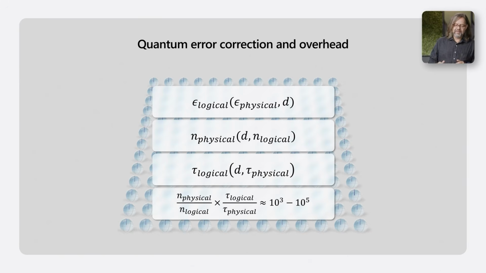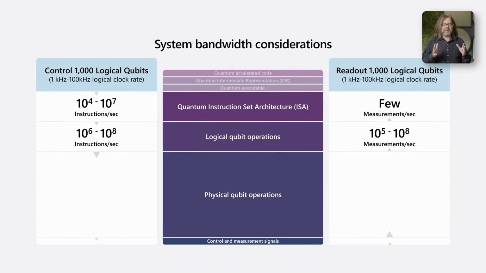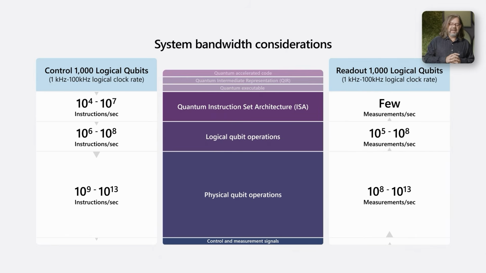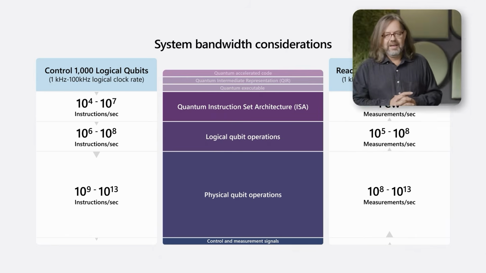With that, the number of control instructions we have is between 10^9 and 10^13. The number of measurements that I get back is between 10^8 and 10^13. That means I have between 1 billion and more than 1 trillion instructions per second. The immediate consequence is it will be very hard, if not impossible, to do that in software.